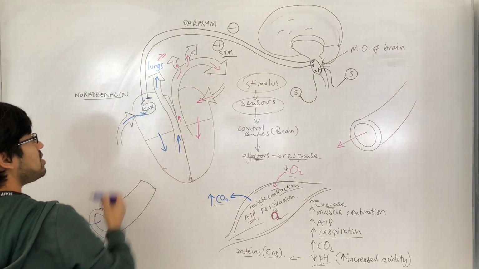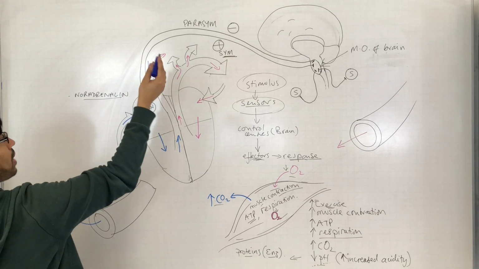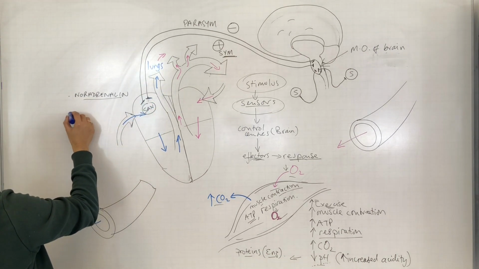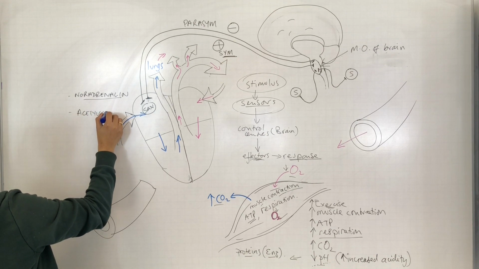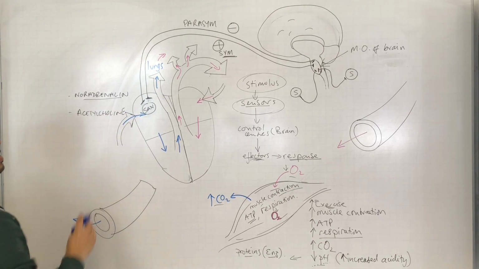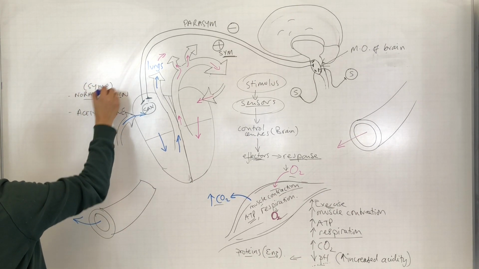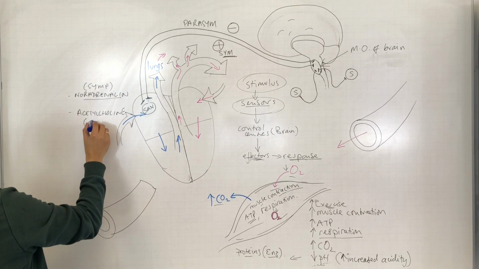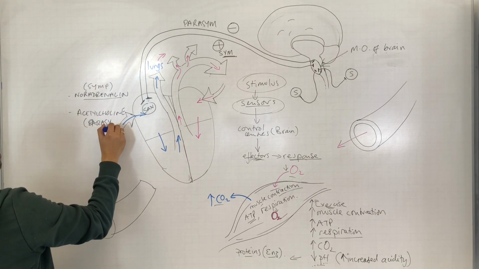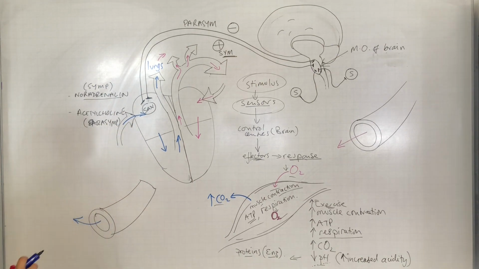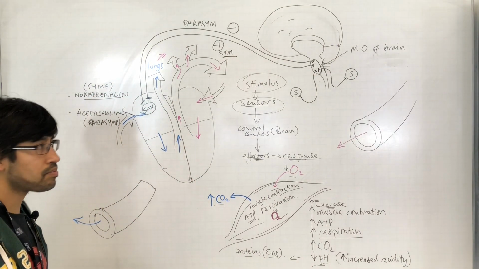When the impulse reaches the end of that neuron, the neurotransmitter released by the parasympathetic is acetylcholine. So noradrenaline, sympathetic; acetylcholine, parasympathetic. And then the heart rate would go down.